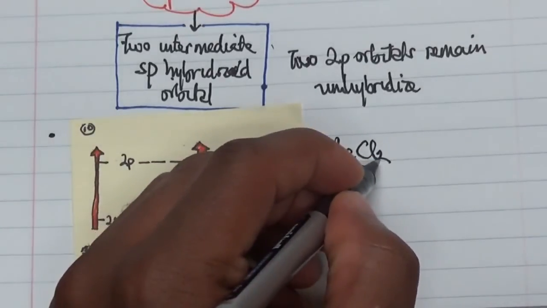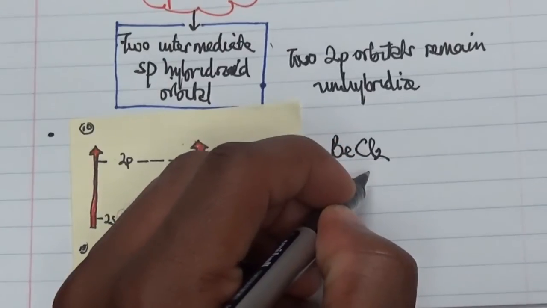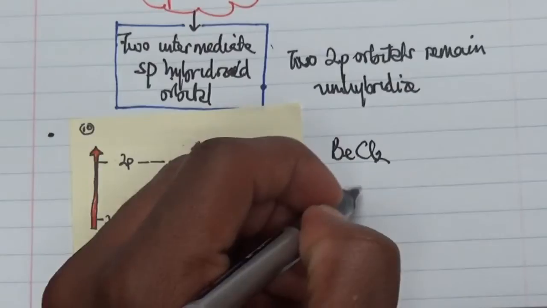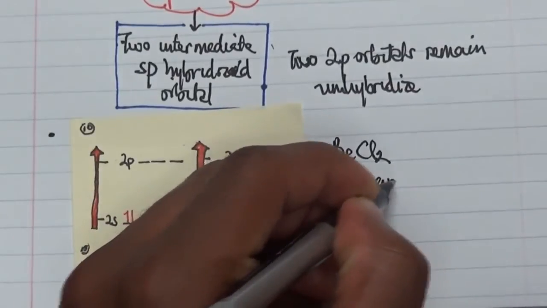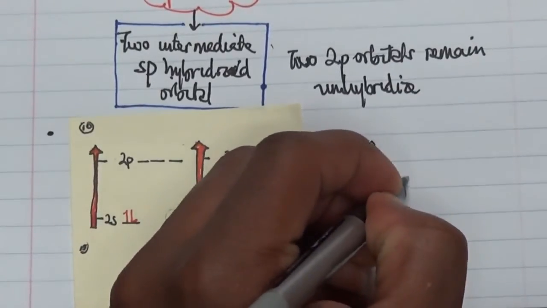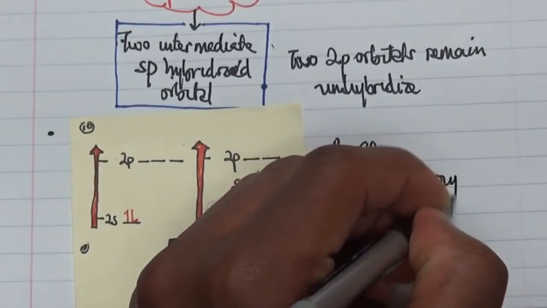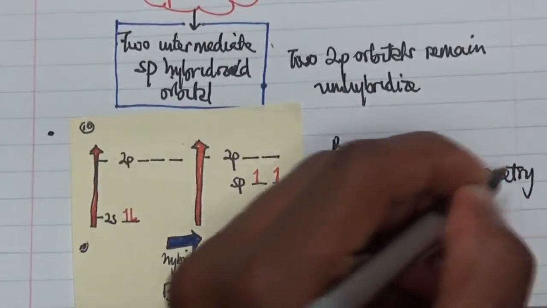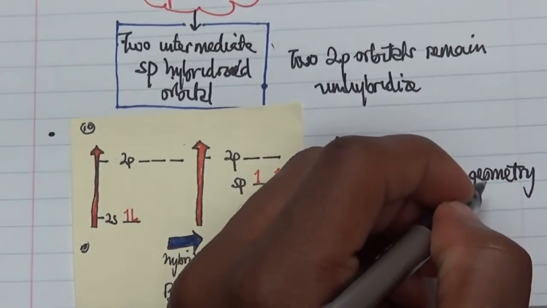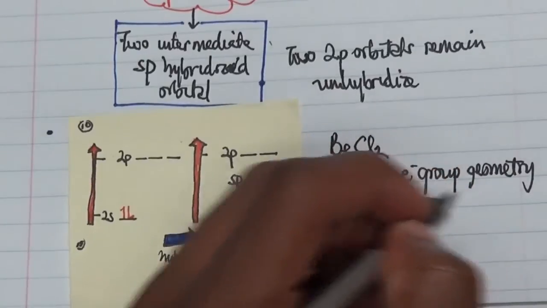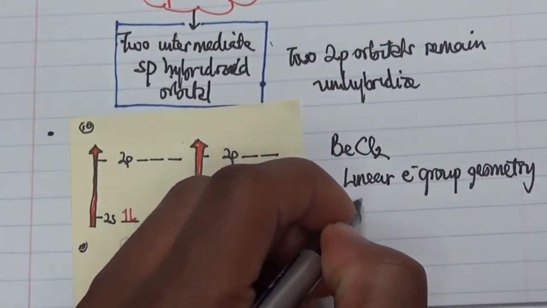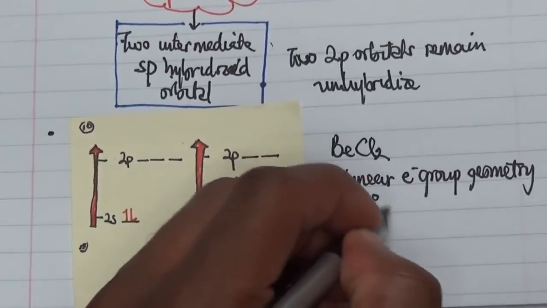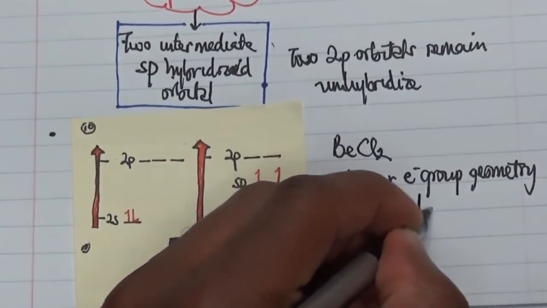Beryllium chloride would result in an sp hybridization that results in a linear geometry, and the angle between the bonds is 180 degrees apart.